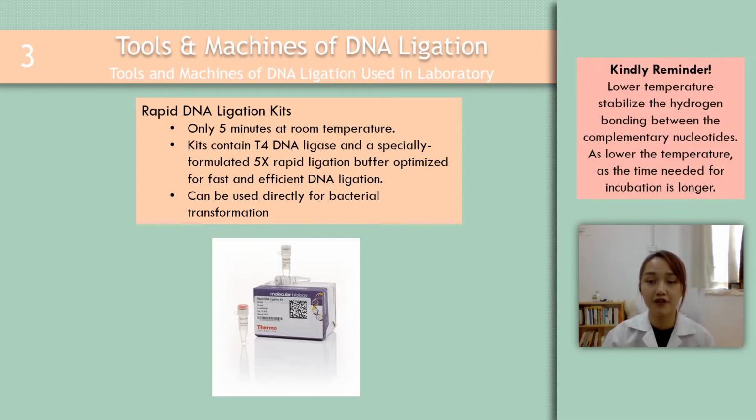As a reminder, the lower temperature will stabilize the hydrogen bonding between the complementary nucleotides, and this can ensure the quality of the ligation. But as the temperature is lower, the time needed for incubation is longer.